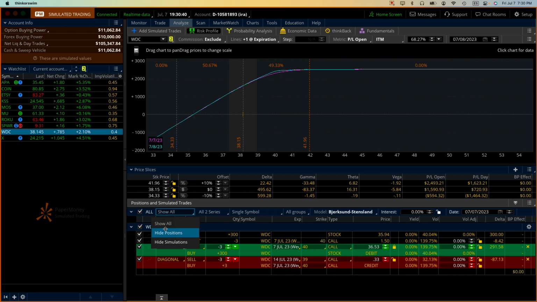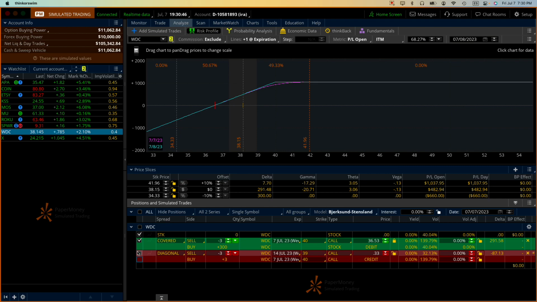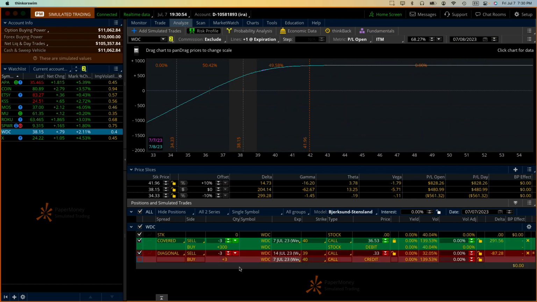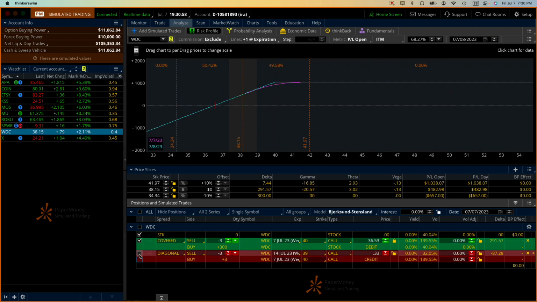Okay, let's hide the current position. This is the existing trade here. Okay, my new trade, my return will be $840 if it stays above 39. Okay, if it goes to a little higher than 39, which is right here.